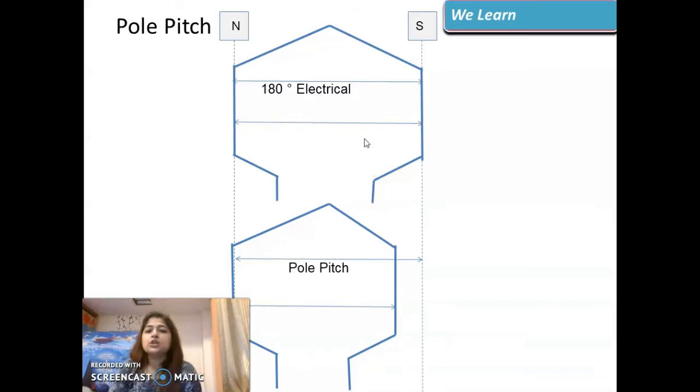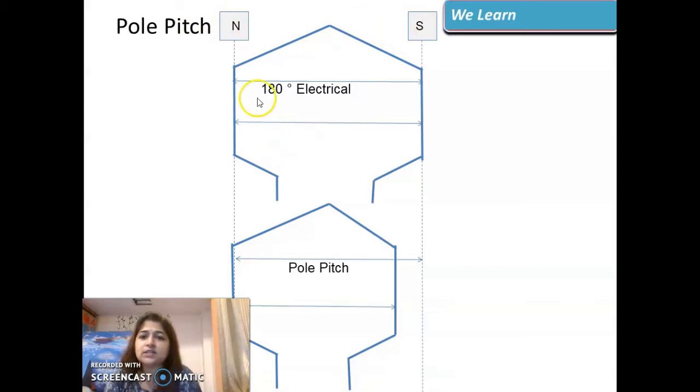Let's try to understand this term pole pitch. North pole is denoted by N here, south pole is denoted by S here. These are two adjacent magnetic poles, north pole and south pole. The distance between this north pole and south pole is called pole pitch.